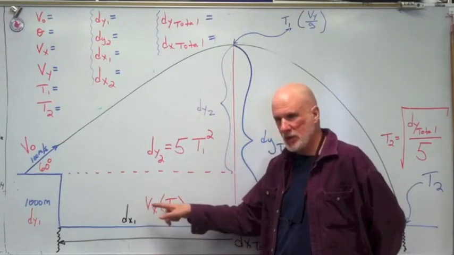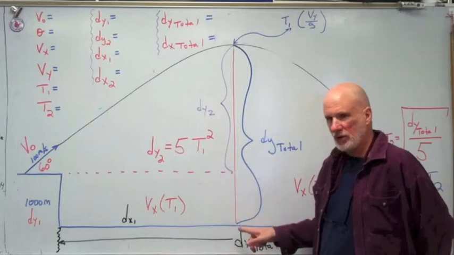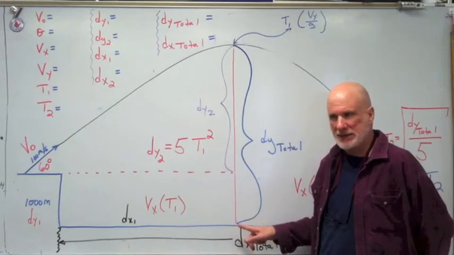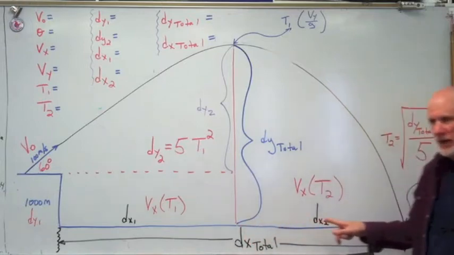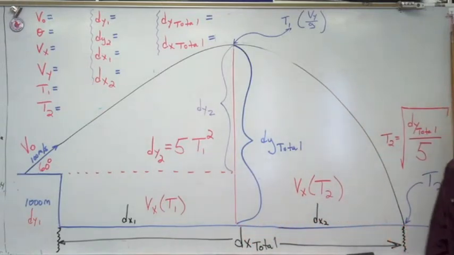And the distance between the vertical line drawn to the dmax and where the projectile lands, we're going to call dx2.